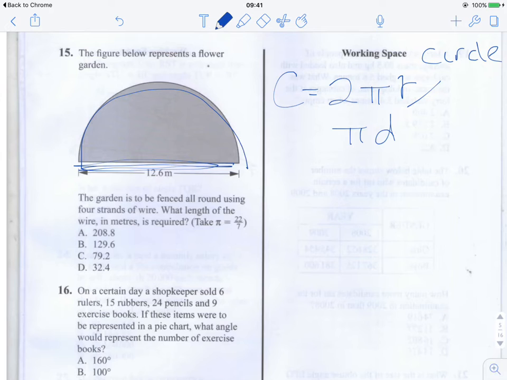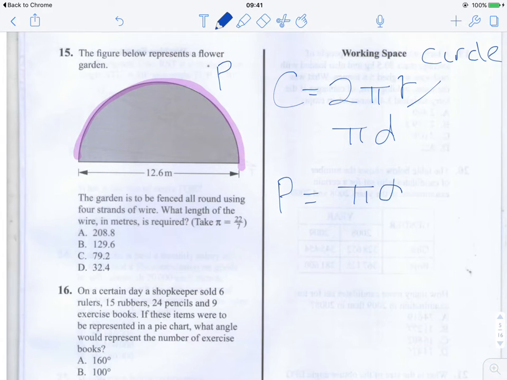For a whole circle, it would be something like this, but we have an extra straight bit here. So let's first work out the perimeter of this part here. Let's call this part P. P is equal to pi d divided by 2, because it's a semicircle.